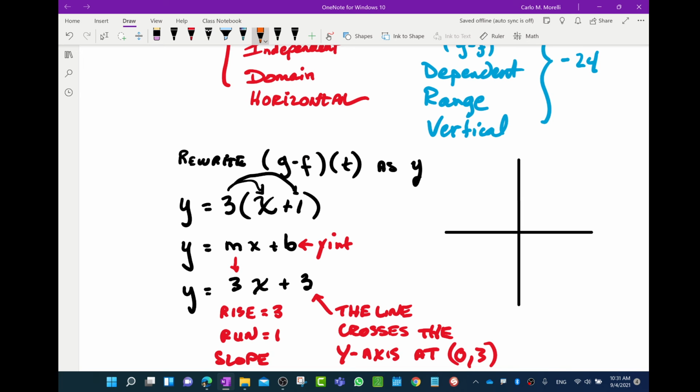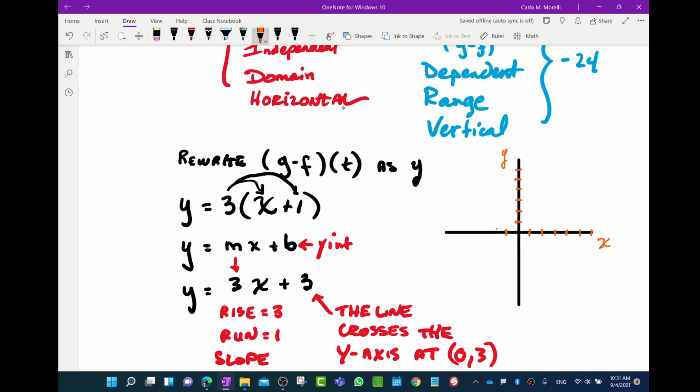So I'm going to delineate here 1, 2, 3, 4, 5, 6, and I'm going to call this y and this x. Remember? And then using the same spacing 1, 2, 3, 4, 5, 6.